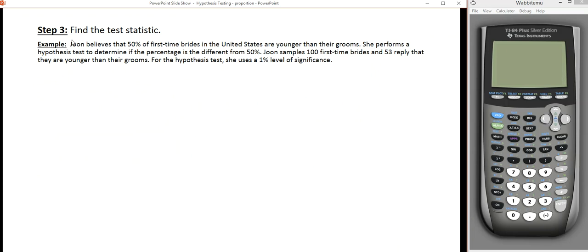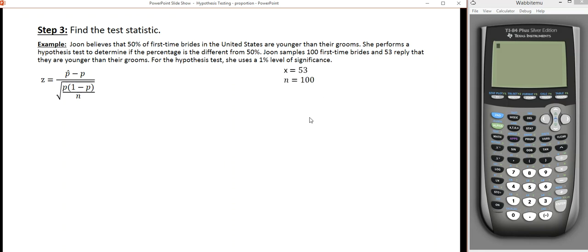Moving on, I just rewrote the example here. We need to find the test statistic. So remember, here's our formula for a test statistic. That's our z-score. So we have the p, that's our 50%. We have our n, that's our 100. We just have to find this p hat, that's our missing value here. So if n is 100, that would make x 53.